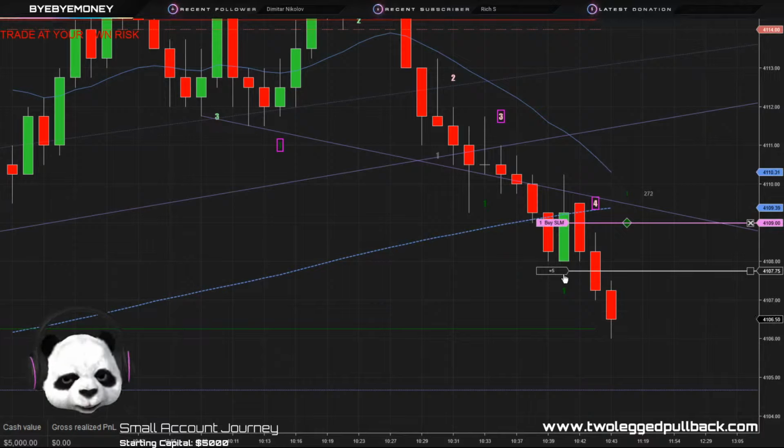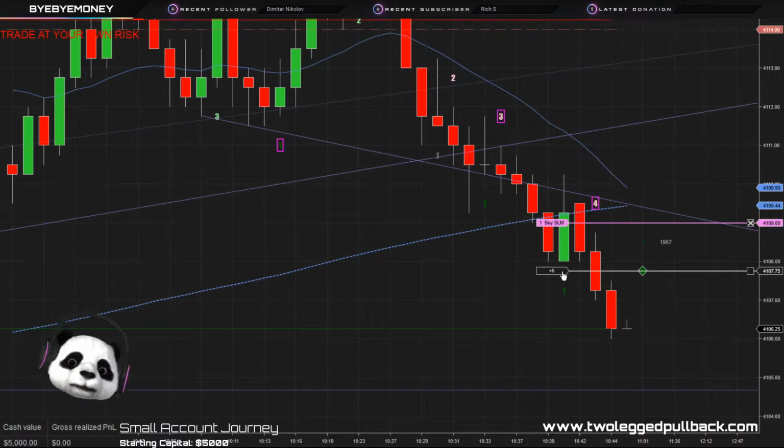Okay, hit the bottom of the trading range. Reversing off of it. It's a very bad signal bar. Oh, but I kind of want to trade it still.